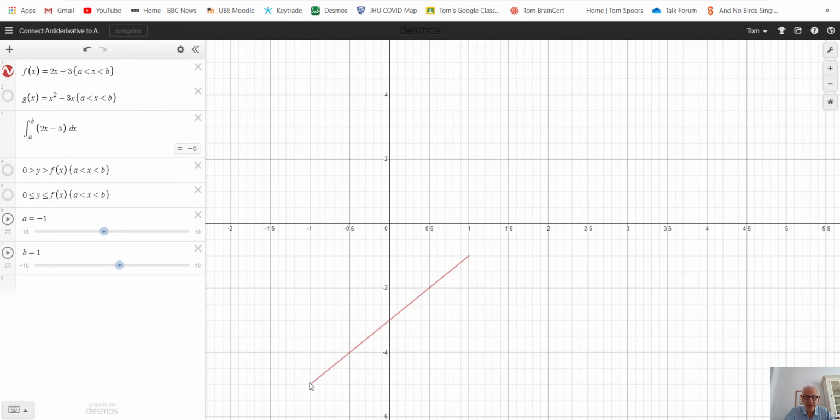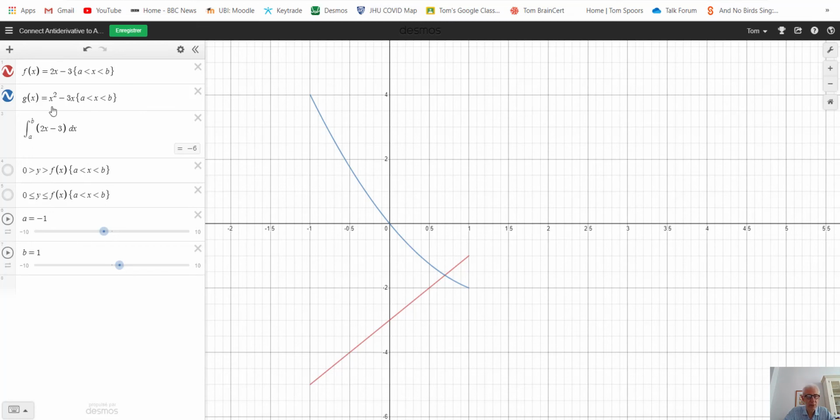So here you can see on the chart that function is plotted between the values of -1 and +1. And we can also see now on that, if I open that up, this is the antiderivative plotted. X squared minus 3x on the same domain between the values of a and b that we've chosen.